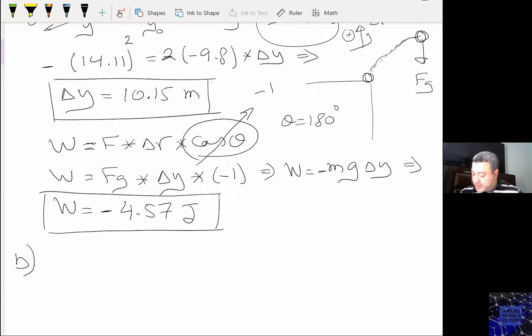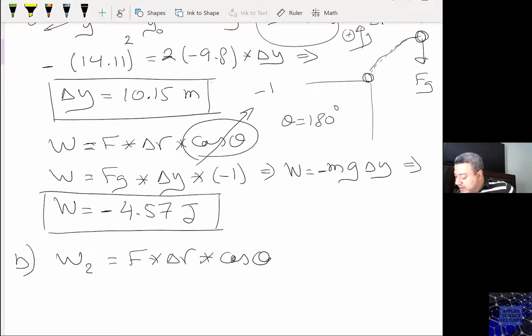However, now let's look at the second case. W2 again is F times delta r times cosine theta. In the second case, I have the ball here right at the maximum.